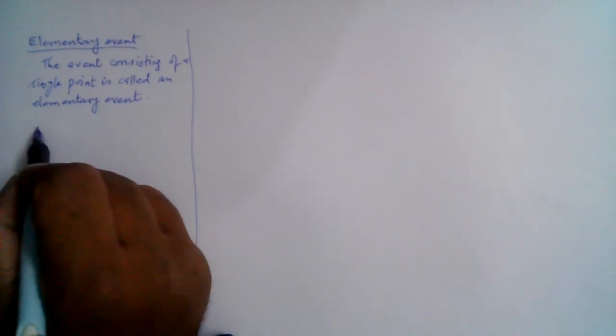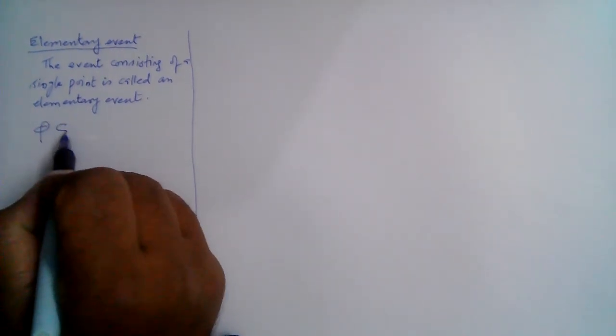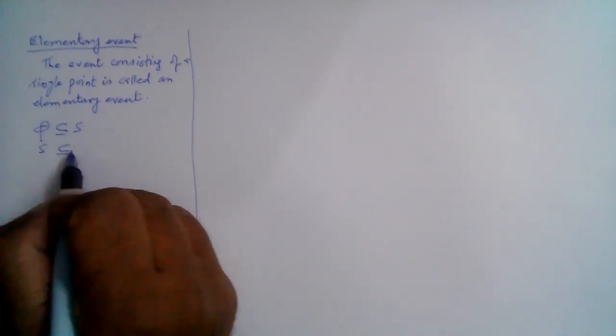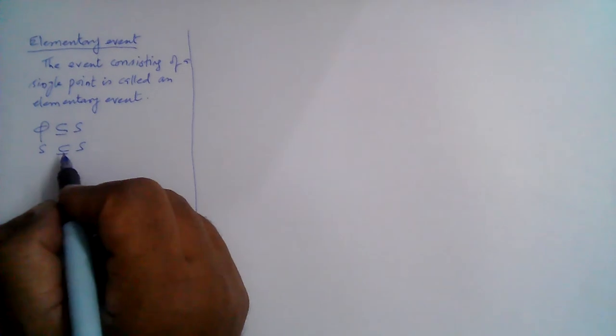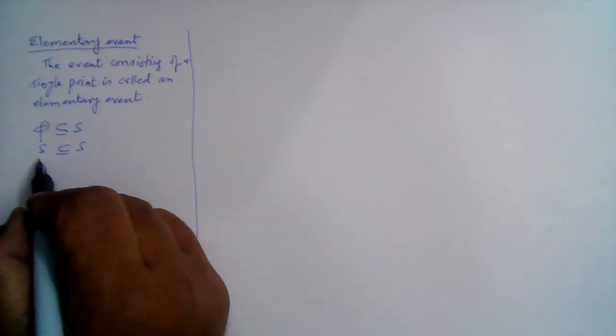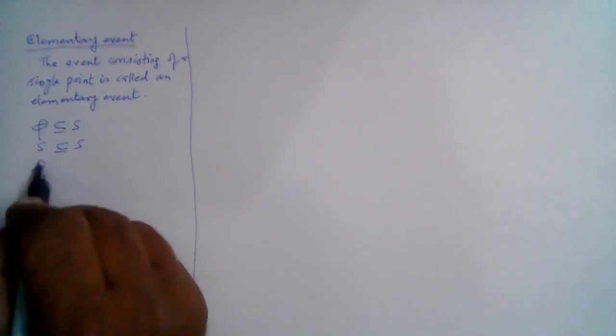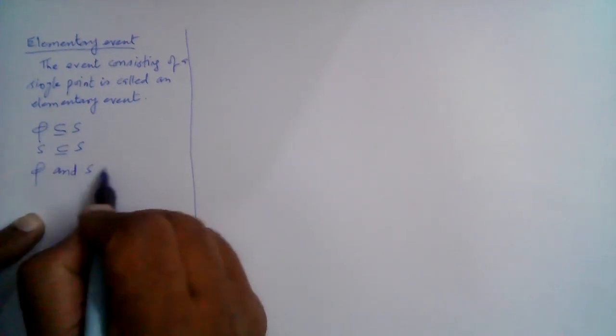And also note that phi is a subset of the sample space, and S is itself a set, and a set is a subset of itself, right? So the sample space is a subset of S also. So phi and S are events.